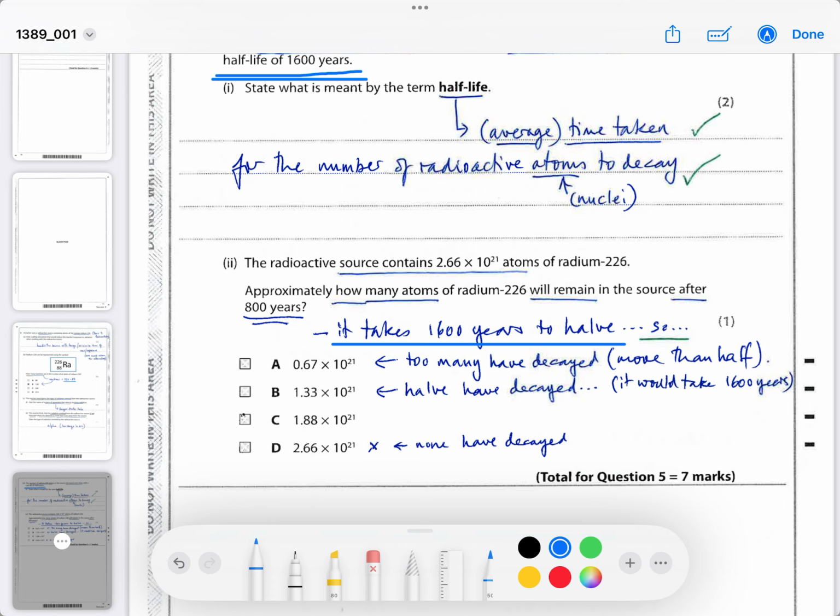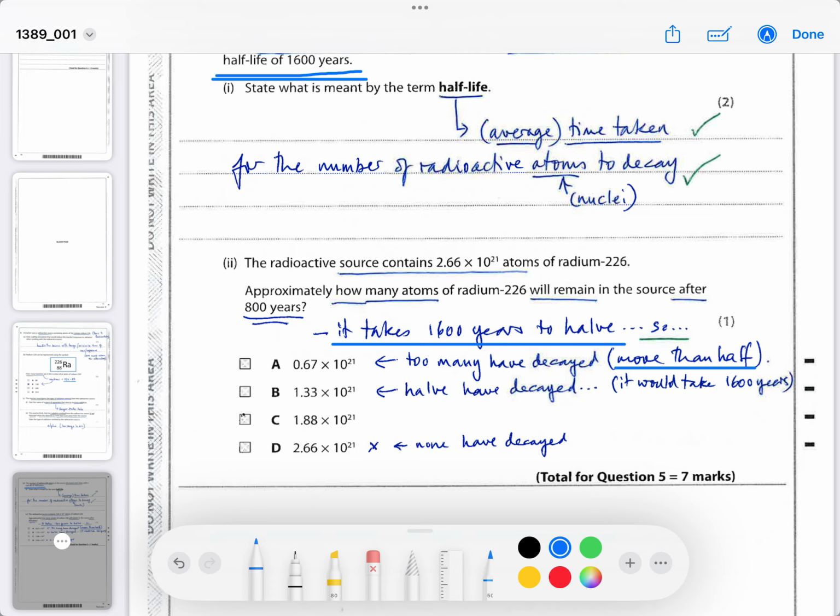It will be more than 1600 years for it to go to more than half. So the 0.67 is about a quarter, I think, of 2.66. Yeah, so that's more than half, so that would be more than 1600 years. So A, too many have decayed for it to be A.